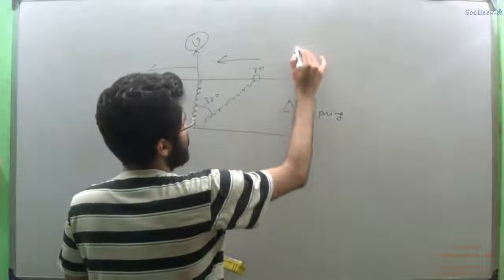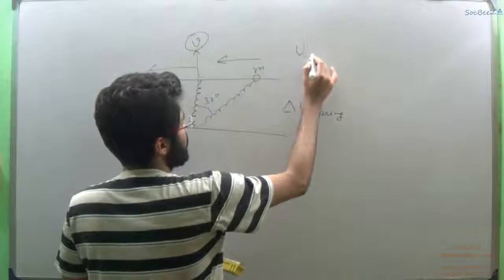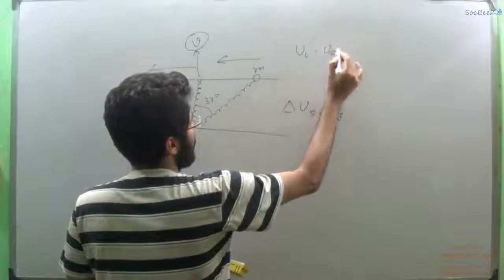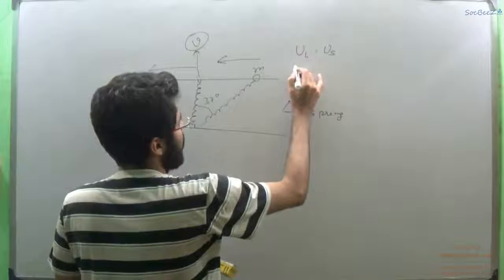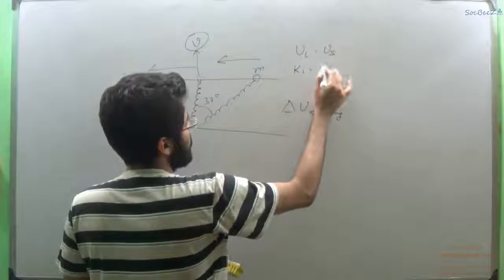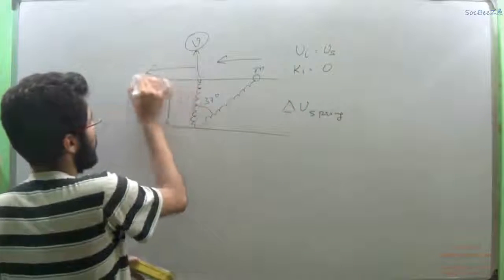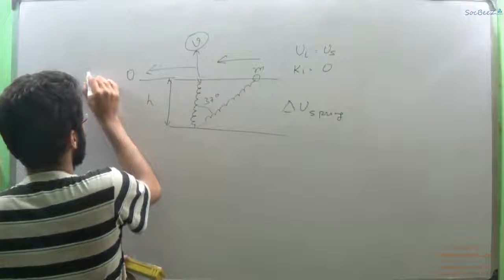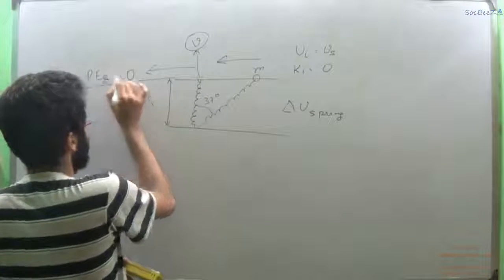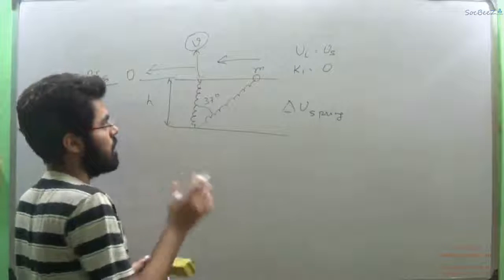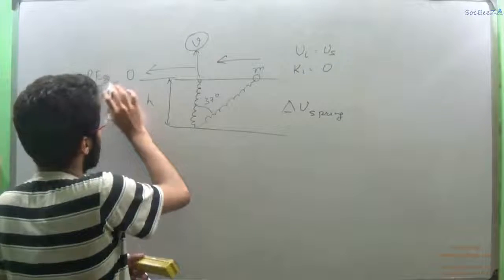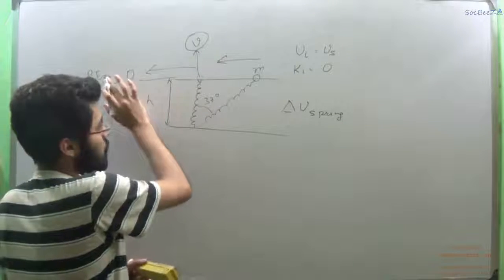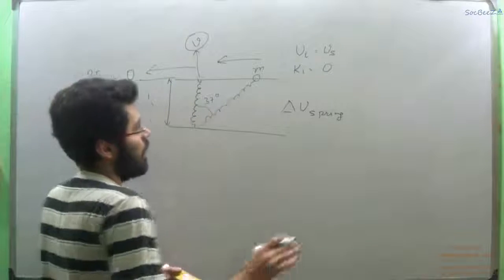Initial potential energy will be some potential energy of the spring, and initial kinetic energy is 0. We are taking this reference level as 0 potential energy because of gravity. Whatever we take does not matter, but for our convenience we will follow that this potential energy because of gravity is 0, and it will always remain 0.